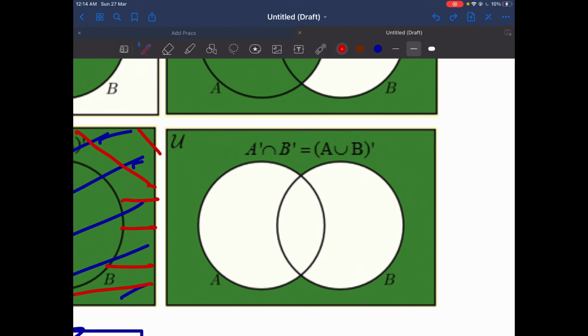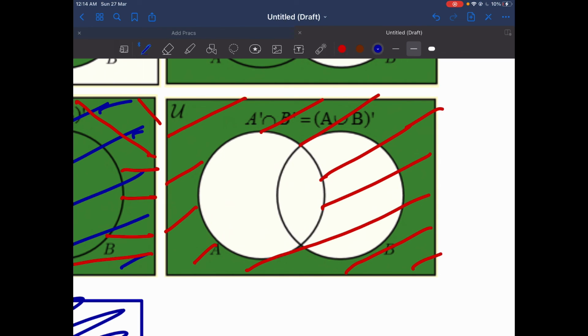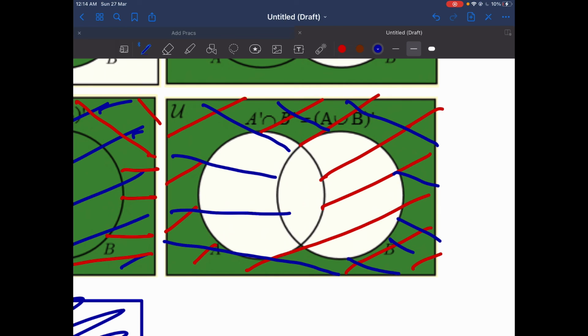Then let's try this. A prime intersect B prime. So like I said just now, A prime is this area, and then B prime is this area. So for intersections, we want to see where both the red markings and blue markings are present.